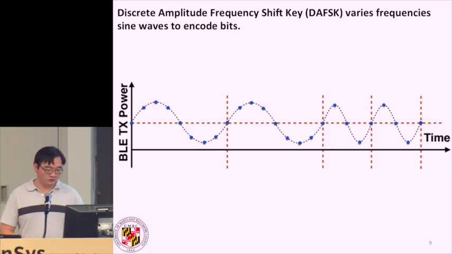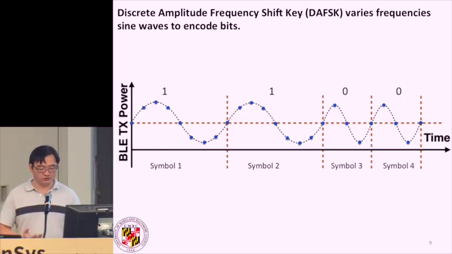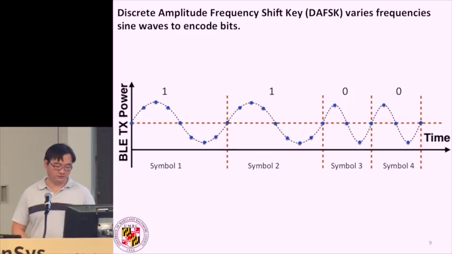So in other words, we have an oscillator, and we vary the frequency of the oscillator to carry some ones and zeros. Of course, we consider each one of these a symbol, and depending on whatever frequency it is, we produce ones and zeros. And this is of course the information we are embedding in a Bluetooth device for Wi-Fi to receive.